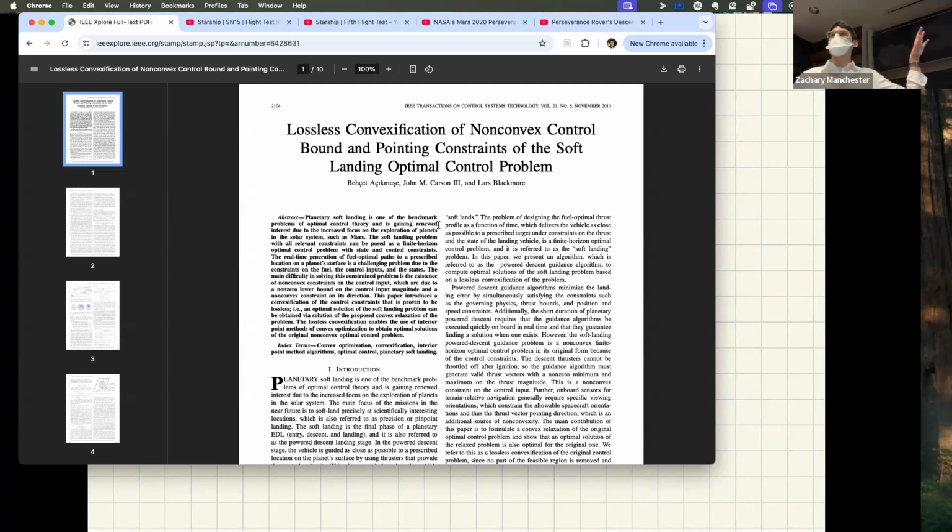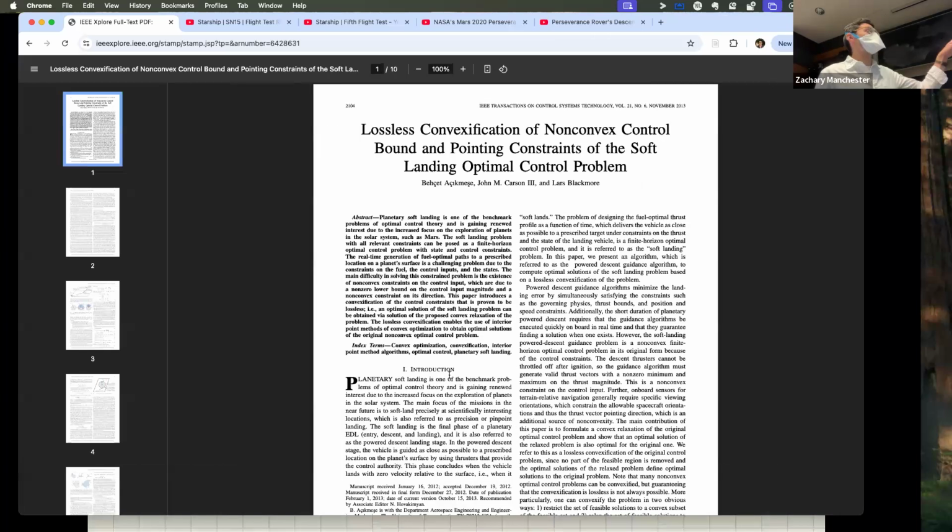This really opened the door to SpaceX landing rockets on barges and the powered descent for landing on Mars. This paper kind of led to all that stuff, which is really awesome. So just to get you psyched up, we're now going to do some YouTube exploration. But check the paper out. The paper's a modern classic, now like 11 years old, whatever.